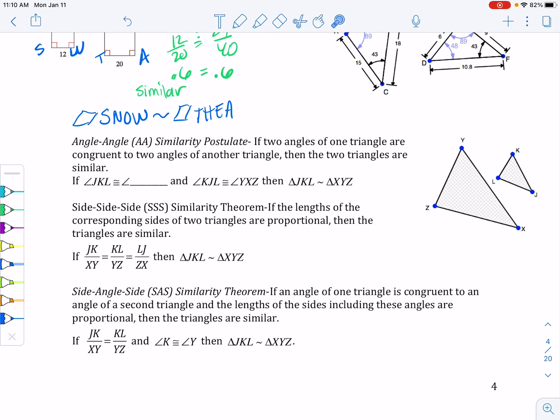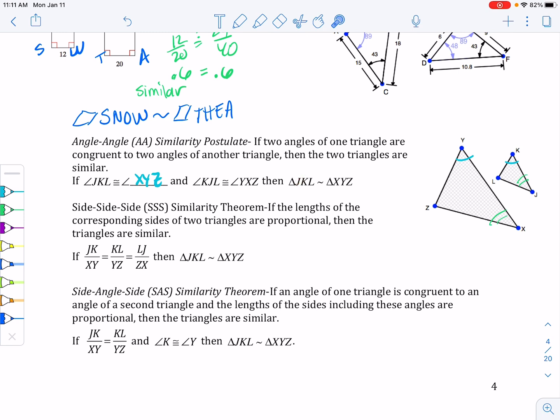So if angle JKL is congruent to angle XYZ, that would be this one right here, and angle KJL is this one, and YXZ is this one. If we know those two are congruent, then we can tell that these triangles are similar.